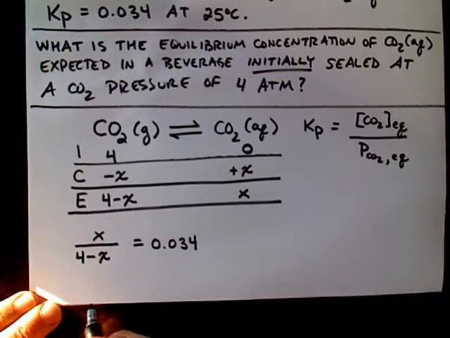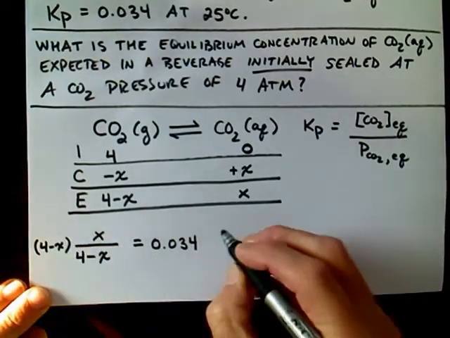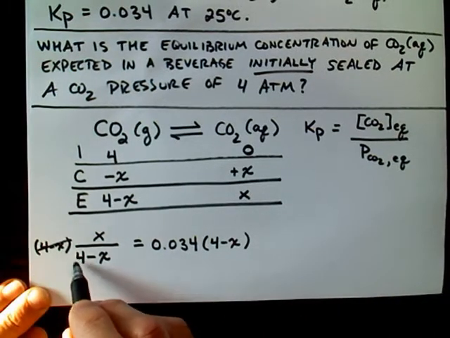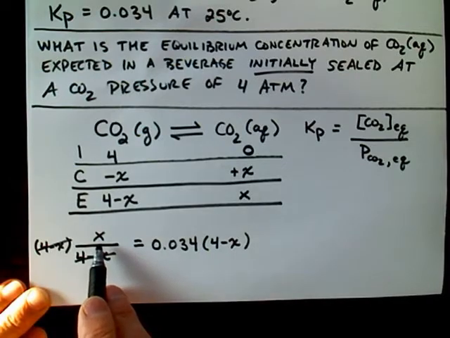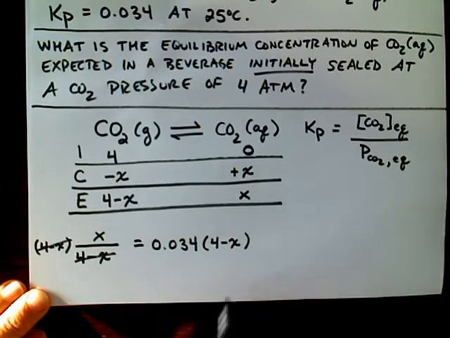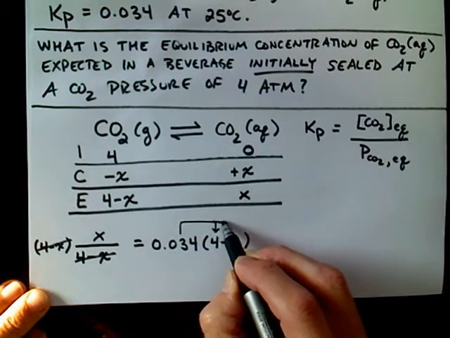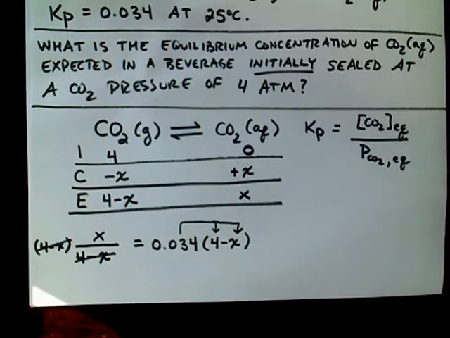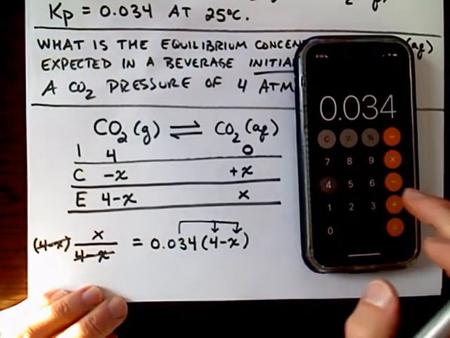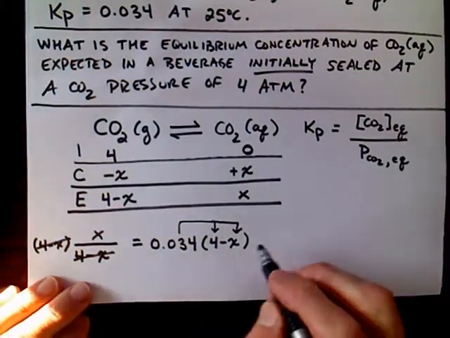I'm going to get rid of 4 minus X on the denominator, so I'm going to multiply both sides of this equation by the quantity 4 minus X. This cancels, and now I have X equals 0.034 times the quantity 4 minus X. I will distribute 0.034 into the parentheses. 0.034 times 4 is 0.136.